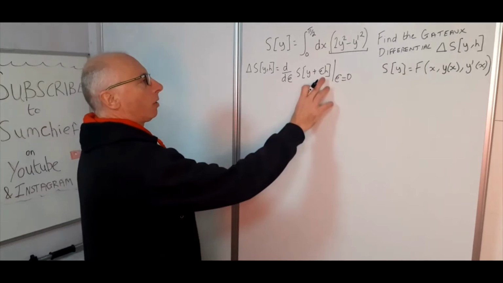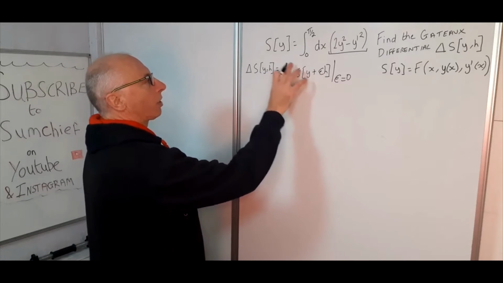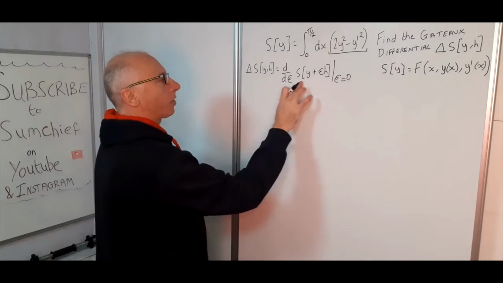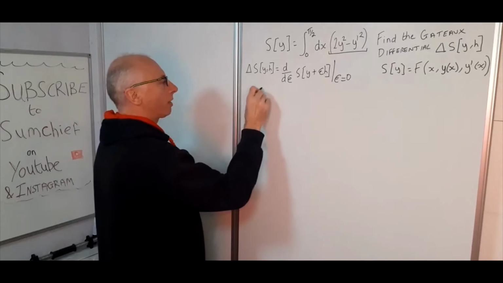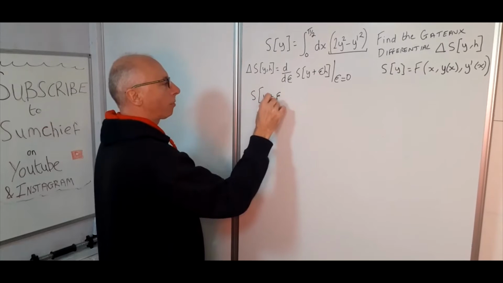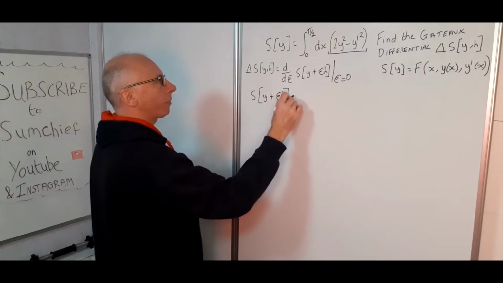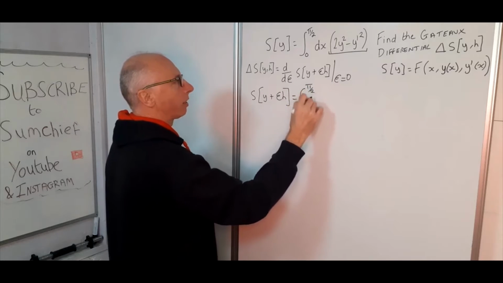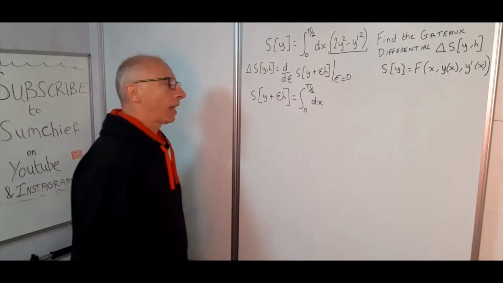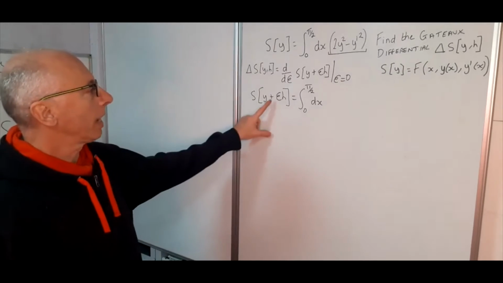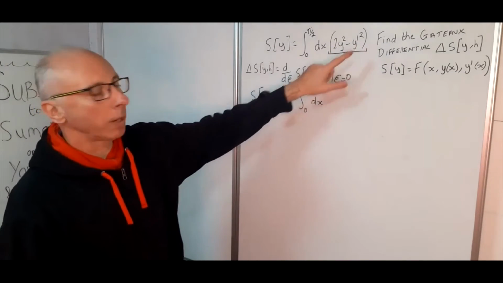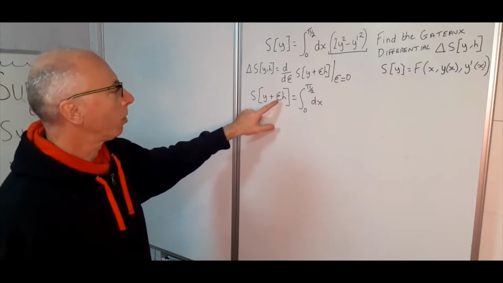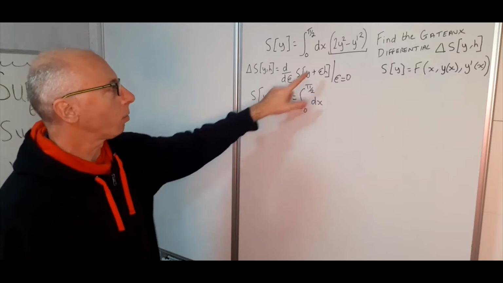Now, first of all, we need to change the notation in this functional here. So let's first of all begin with this part. S of y plus epsilon h equals, so the boundary conditions stay as they are, and it's always with regards to x. And what we do here now, wherever we see a y or a y prime, we introduce an epsilon h or epsilon h prime, with regards to whether it's a y or a y prime.